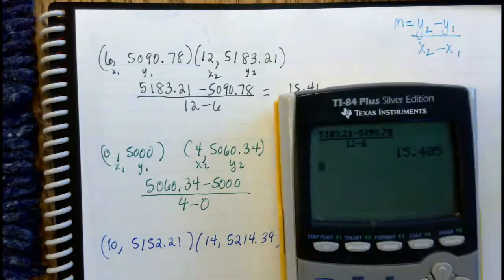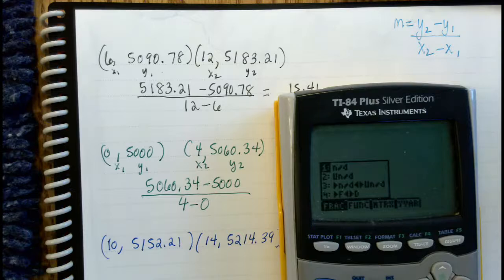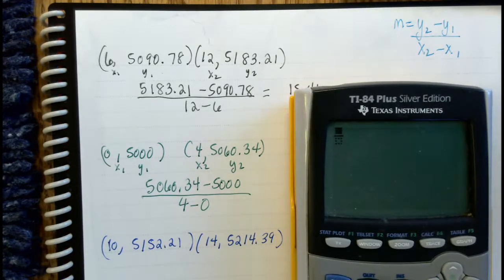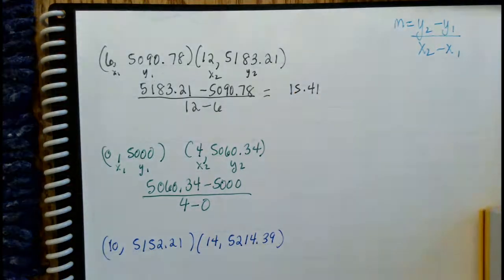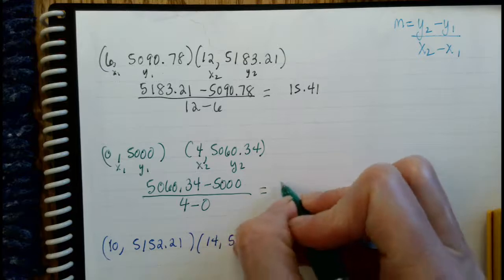Again, when I type this into the calculator, I'm going to hit alpha y equals, and you can still use Desmos, it's just a little bit quicker for the video purposes. 5,060.34 minus 5,000 divided by 4 minus 0. We get 15.085, which I'm going to write down as 15.09.